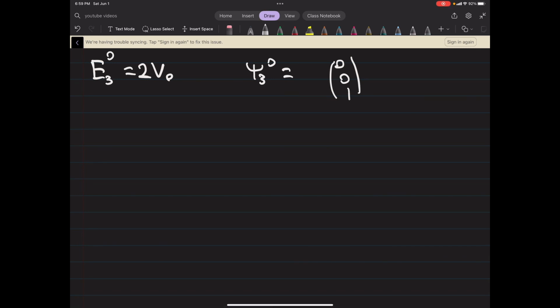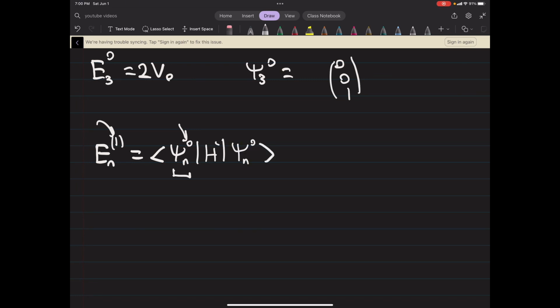So to find our energy corrections, this is telling us the order of our correction. So this is the first order. It is essentially the matrix element. So psi, whichever wave function we're interested in, whatever eigenstate, unperturbed, times our perturbed Hamiltonian, and then our wave function again.